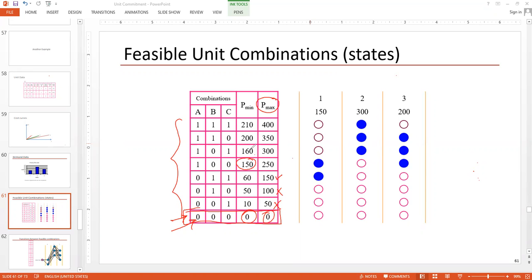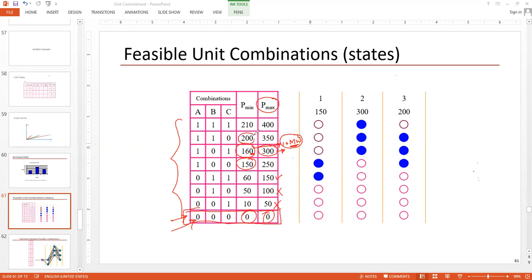If we go beyond this, the demand is 150, but the minimum that I have to generate is 160. So if I choose this unit, I am already losing at least 10 megawatt. So 10 units of power becomes useless if I choose anything here. It is the least, and the maximum that I will lose is this much.